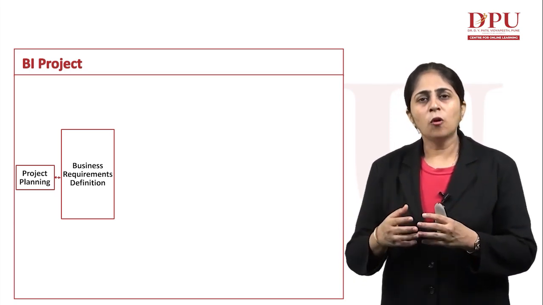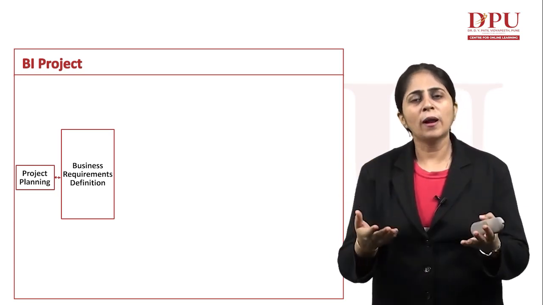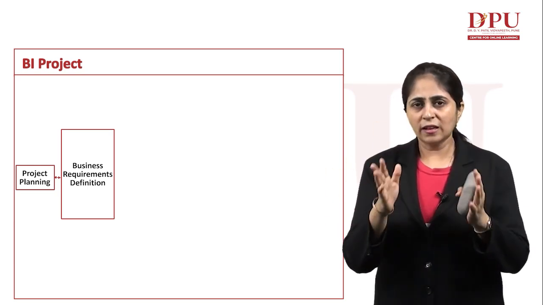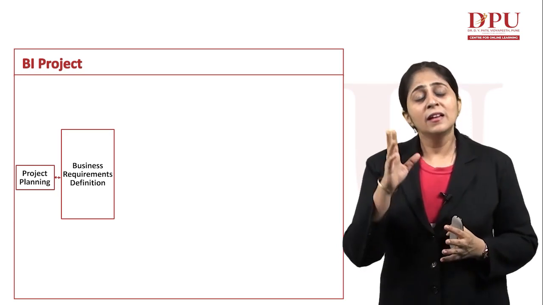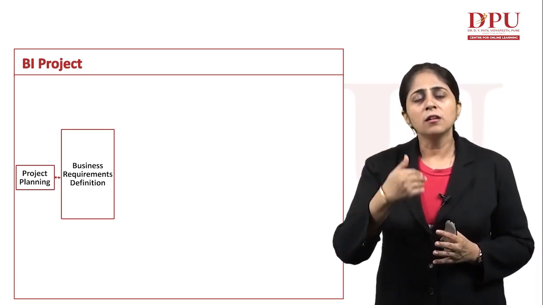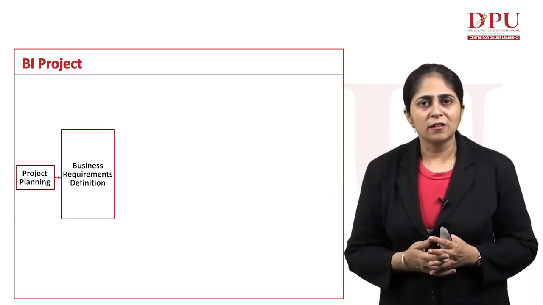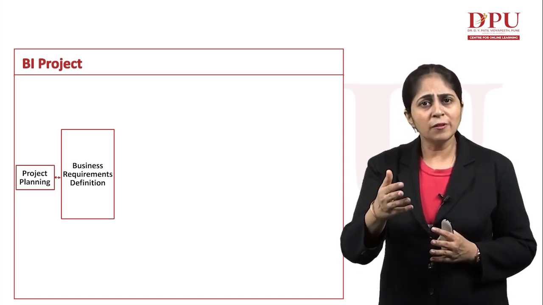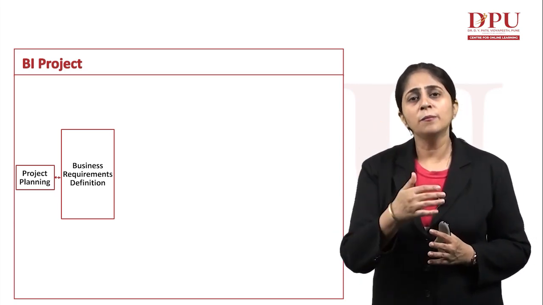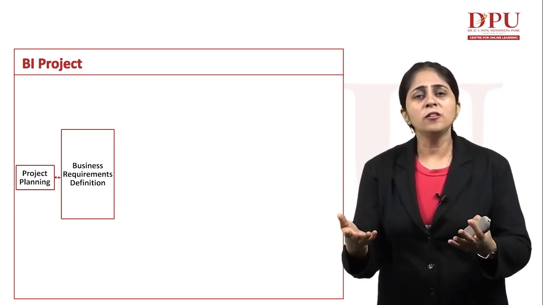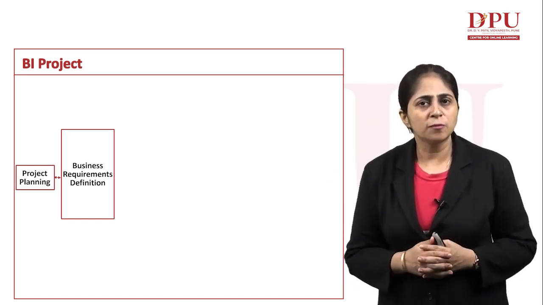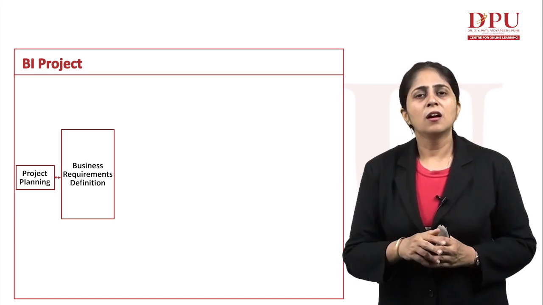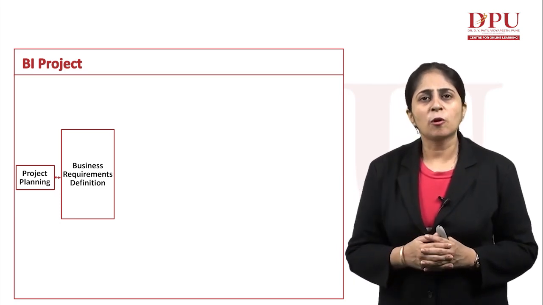That means we have to define the requirements of the users. Once the requirements are laid down properly, only then can we serve them. And this requires a number of surveys and interviews to be done with the end users who are finally going to use this project. So the second part of our business intelligence project is the business requirement definition.